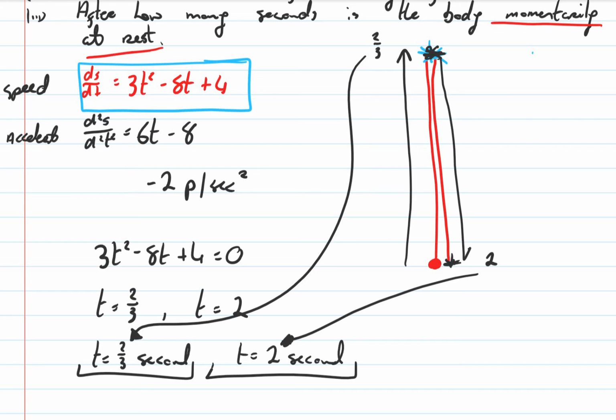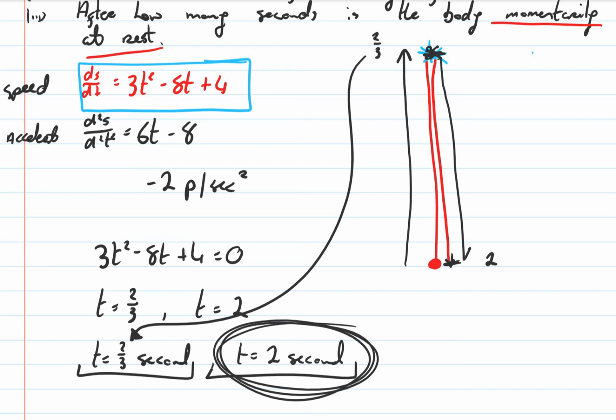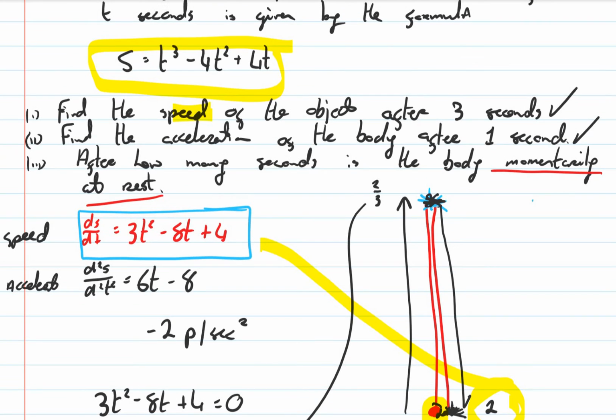If you wanted to verify that this 2 seconds is down here at the place where it started in the first place, if we took that 2 and put it into this formula, it gives us the distance the object is from the starting point.